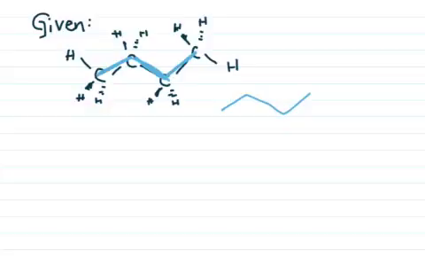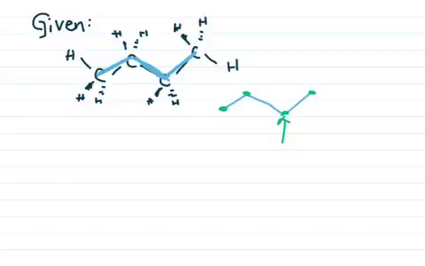So that's all you need to do. Each bump right here represents a carbon. Now you need to remember that the terminal carbons are going to need 3 hydrogens, and the middle carbons are going to need 2 hydrogens.